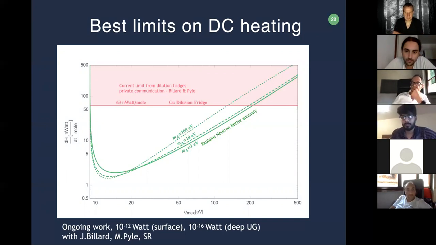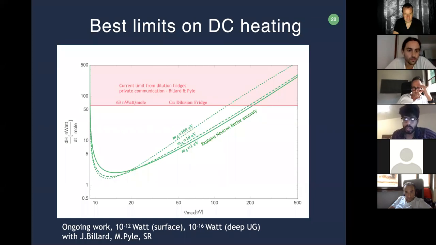And in pink, I show the current limit from dilution fridges, and you see that a lot of the parameter space above Q max around 150 eV is ruled out. So there is this nice parameter space where Q min is around 10 eV and Q max is around 100 eV. That's not ruled out, and that will explain the neutron bottle anomaly.